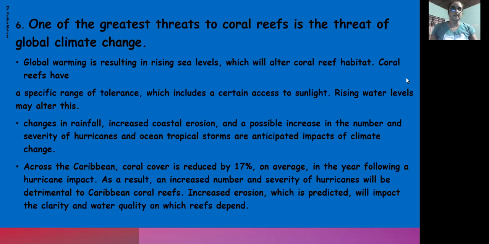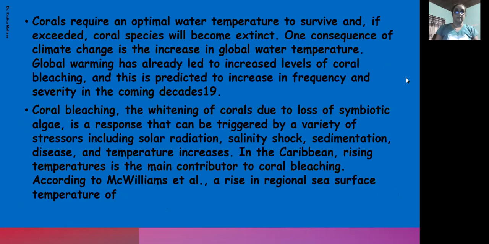Then you can understand why global warming is such a threat to coral reefs, why hurricanes, tropical storms and the increase in rainfall are such a threat, and why rising water levels can affect coral reefs. Once you understand it, you can write it in the way you understand best. Let me put it that way.